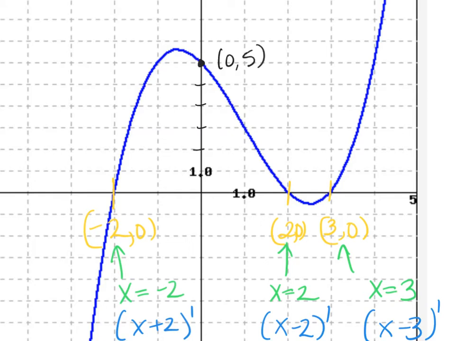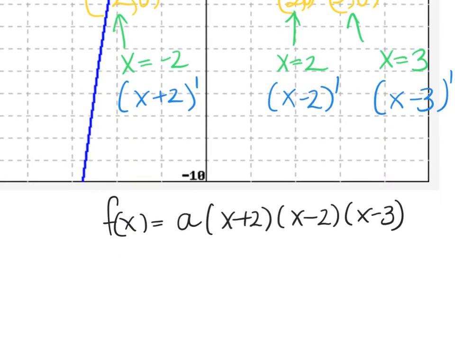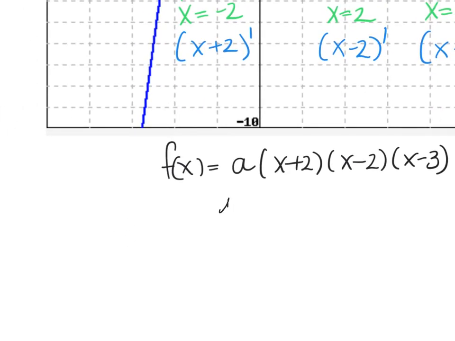So I'm going to use that to figure out what a is. I use, in this case, 0, 5, because it's on the graph, and I can't choose one of the x-intercepts, because it's going to give me 0 is equal to 0, which is cool, it's true, but it's not going to help us. So I use any other point. I have a nice y-intercept, so I'm going to use it.